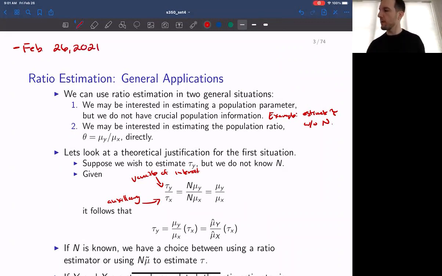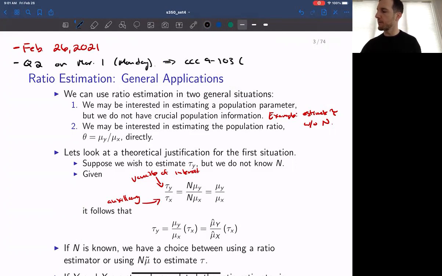Okay, one other reminder before we get started here. We have quiz number 2 on March 1, which is Monday. For quiz 2, we will have the same options for writing that we had for quiz 1. You can write in person, in CCC 9-103, or you can write online if you're not comfortable with coming to campus.